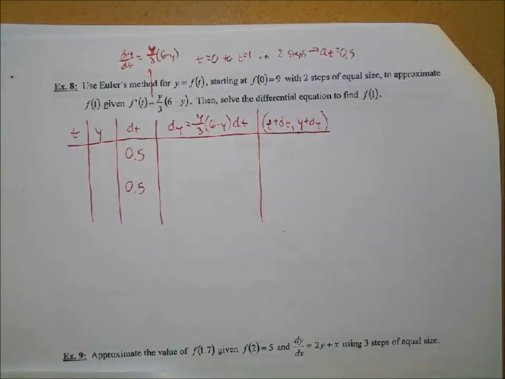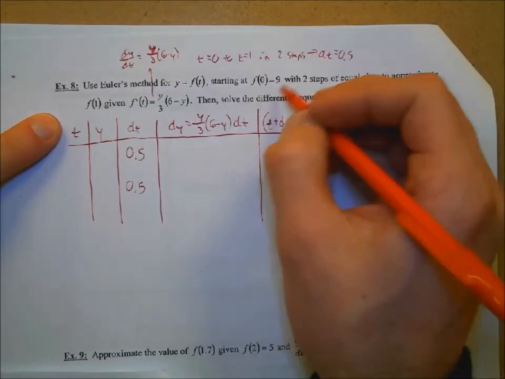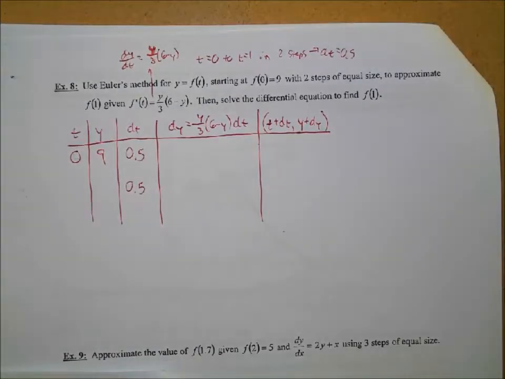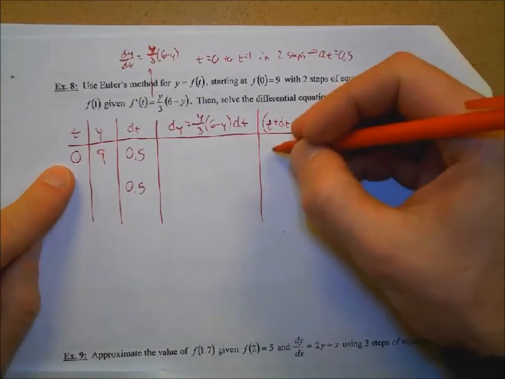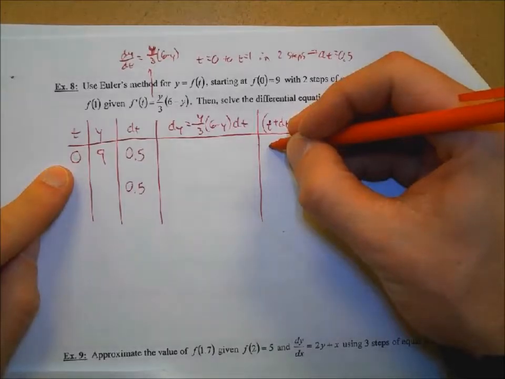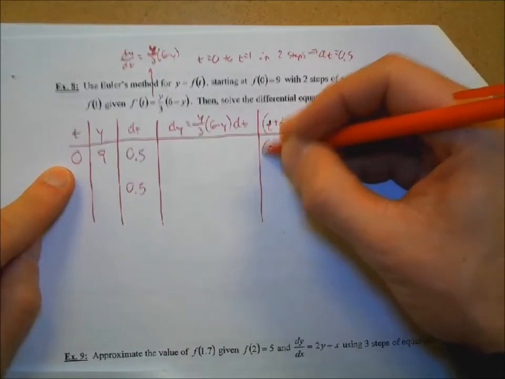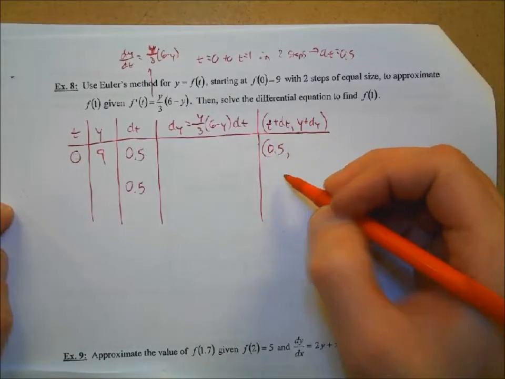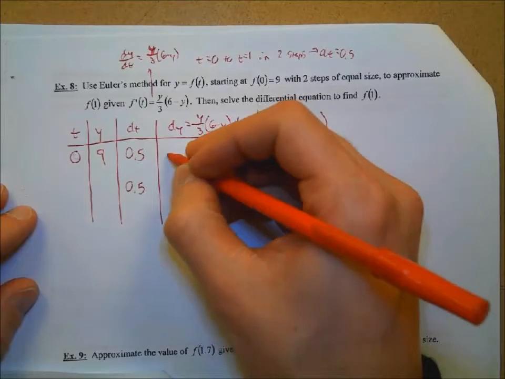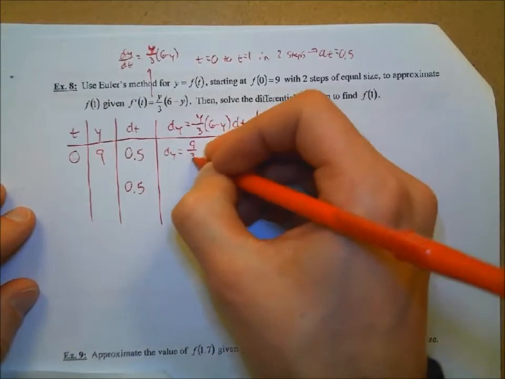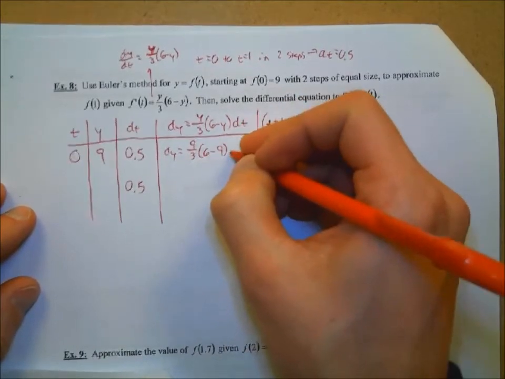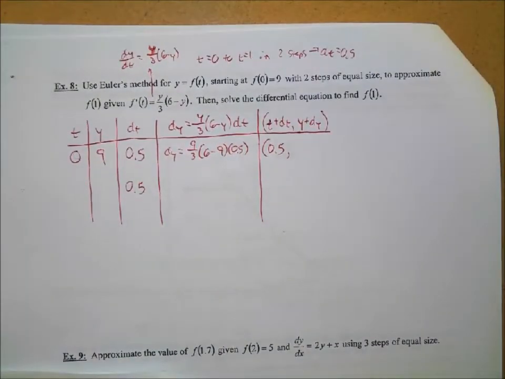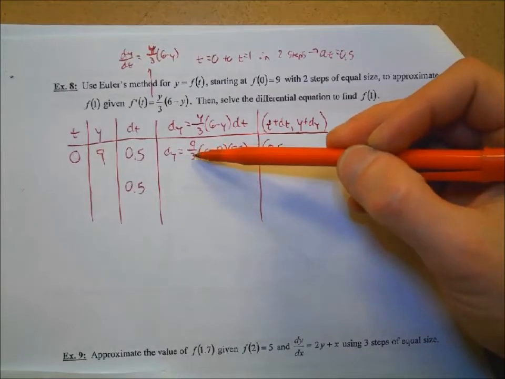Our starting t and y, 0, 9. We already know what the new t is going to be after our first step. It's going to be 0.5, right? So I'm just going to go ahead and put that there, because we're just doing 0 plus 0.5. Okay, and now we'll do the dy. So dy here is 9 over 3 times 6 minus 9, and then dt is 0.5. 9 over 3, 3. 6 minus 9, negative 3.